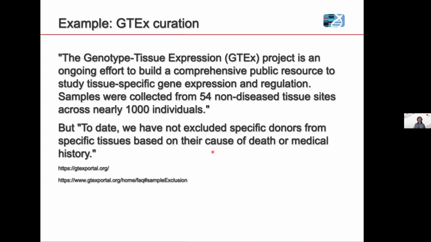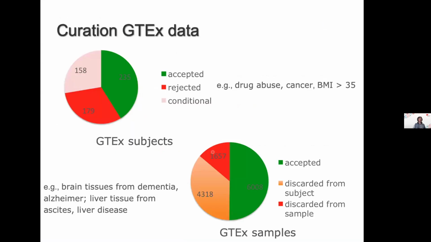So the biocurators at Bgee, we got access to all the detailed pathology reports and annotations of each sample and re-annotated them. And we found that there were many issues, that these samples were not healthy.